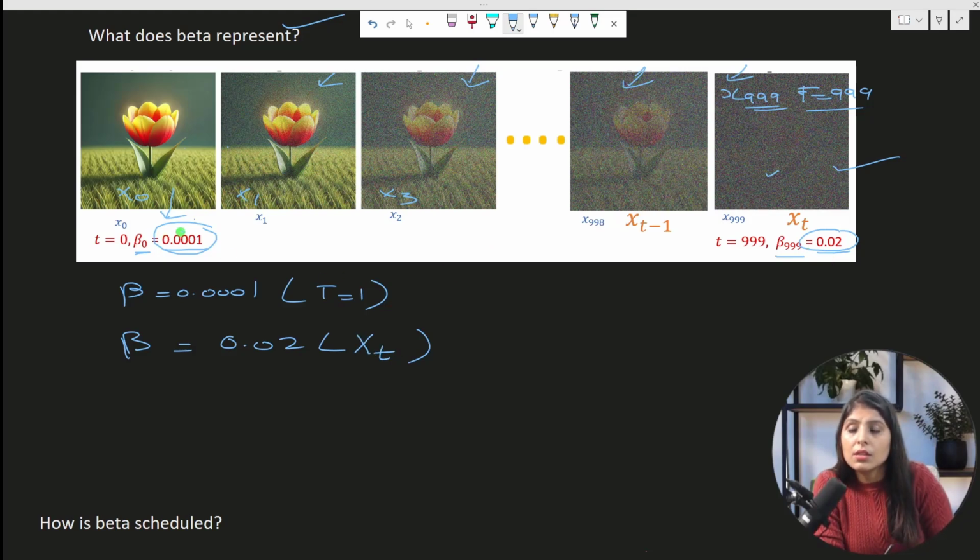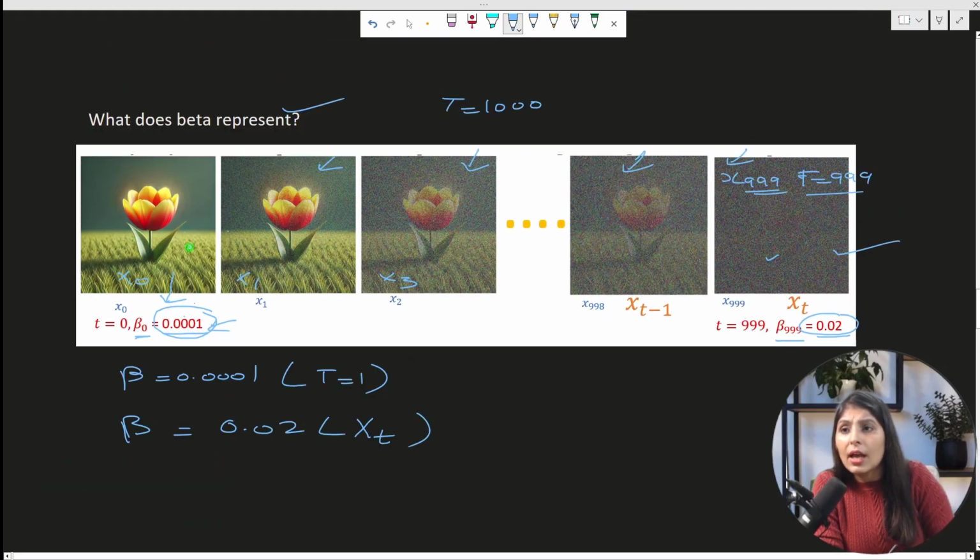Now this small value of beta means less noise will be added, and this is the bigger value, right? So in simple words we can say the smaller value of beta means we will add less noise to the image, and the bigger value of beta means we will add more noise to the image, right? Now how is this beta scheduled?